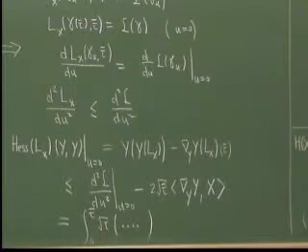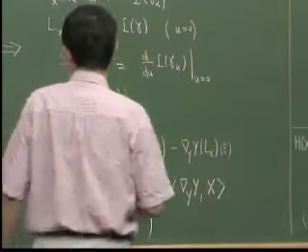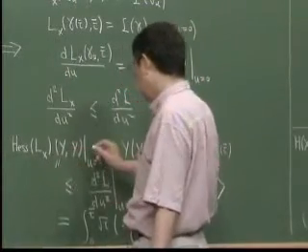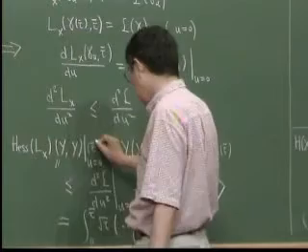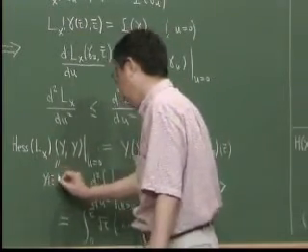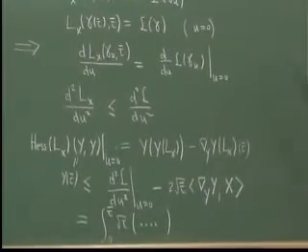I have to remember that Y here is simply at the point tau bar, so this is really Y at tau bar, and Y is an adapted field.